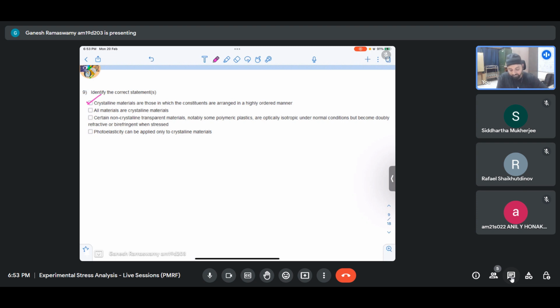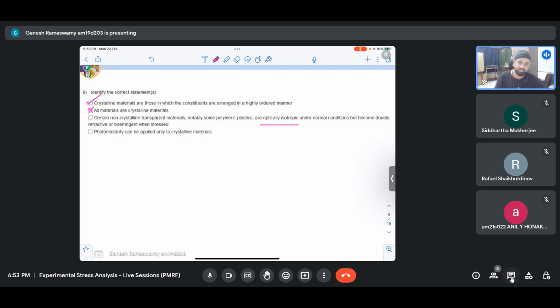All materials are crystalline materials. That is not correct. Certain non-crystalline transparent materials, notably some polymeric plastics, are optically isotropic under normal conditions. Optically isotropic meaning they have no preferred response, and it is direction invariant, whereas they become doubly refractive when they are stressed.